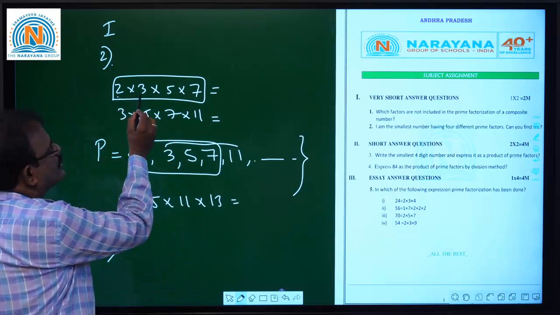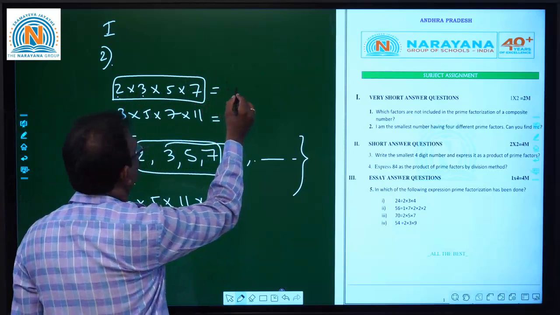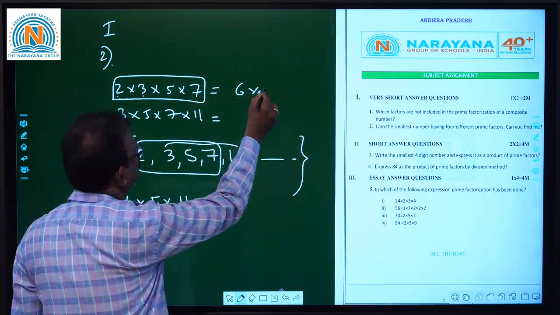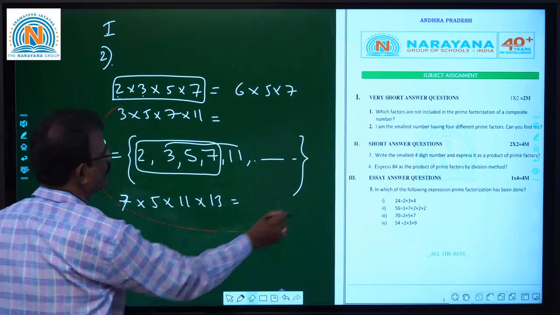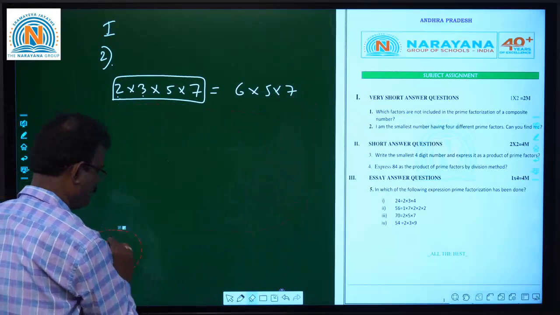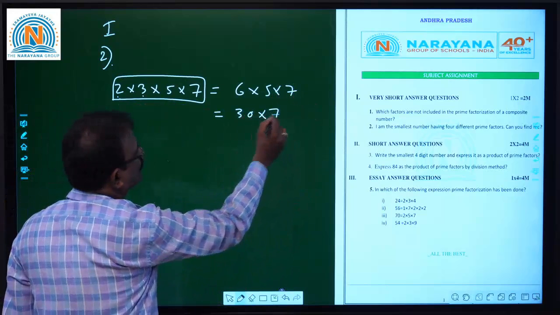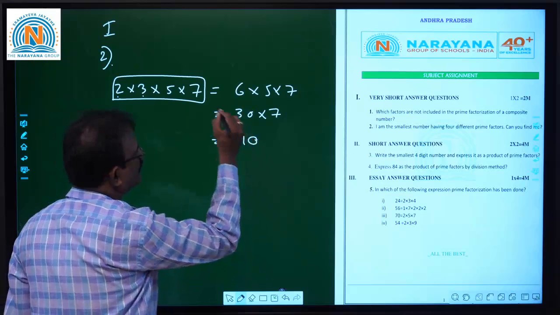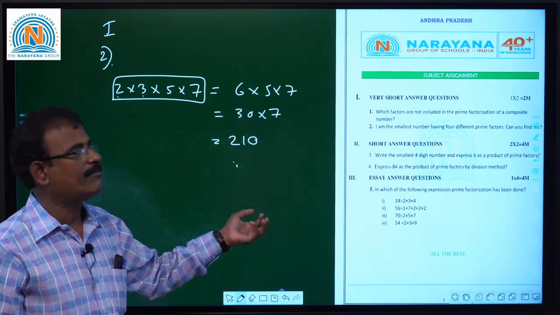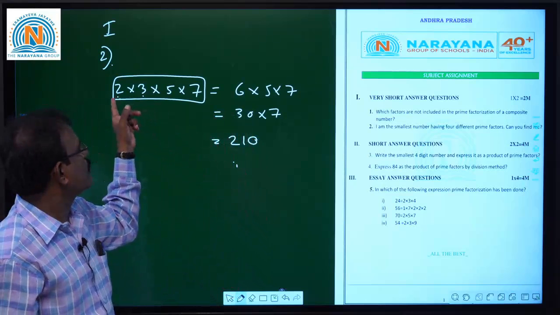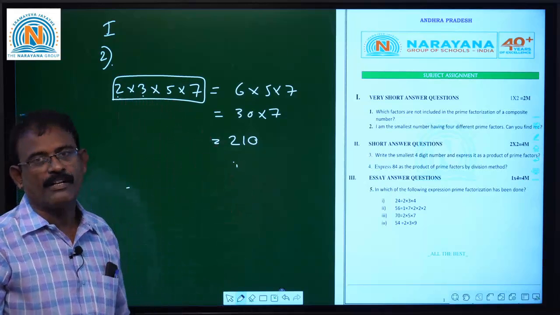We want the smallest number where the number is the product of 4 different prime factors. So 2 3s are 6, 6 5s are 30, 30 into 7 is 210. So 210 is the least number obtained by taking the product of 4 different prime factors.